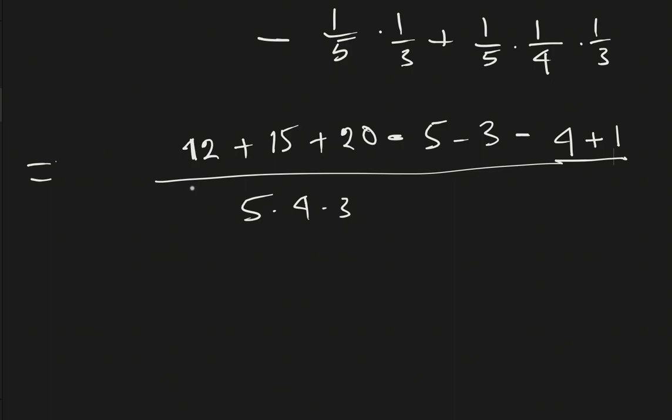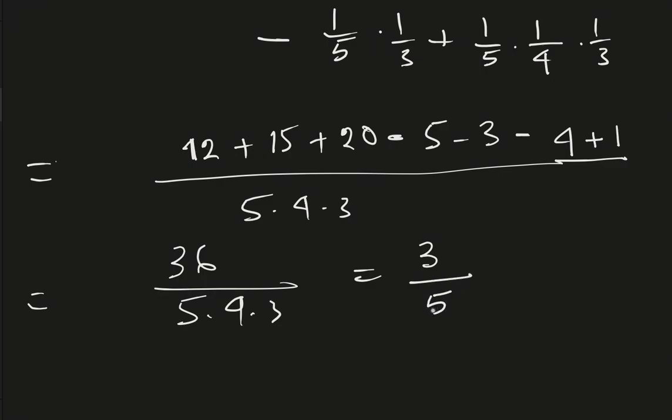Let me calculate it. 12 plus 15 is 27, plus 20 is 47, 47 minus 5 means 42, 42 minus 3 means 39, 39 minus 4 means 35, 35 plus 1 means 36 by 5 into 4 into 3, so this will be 3 by 5.